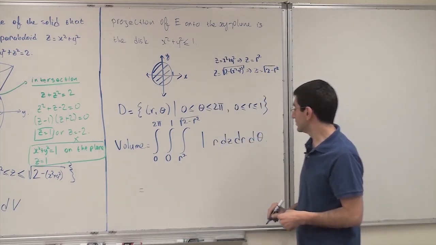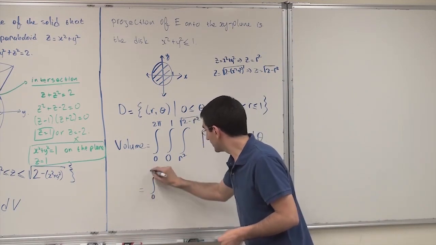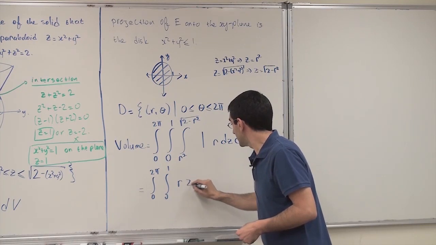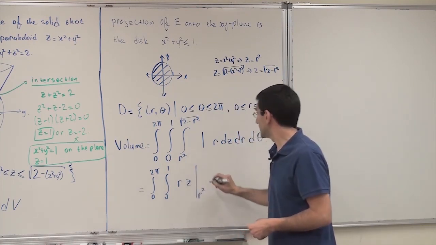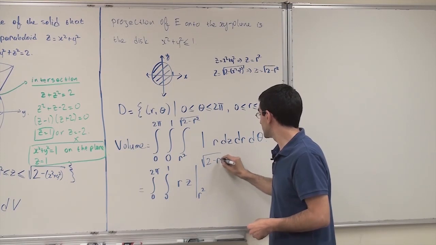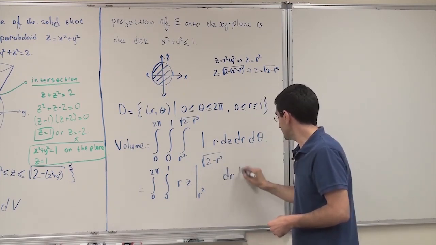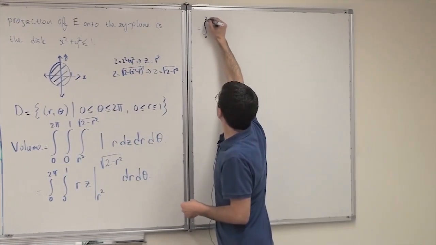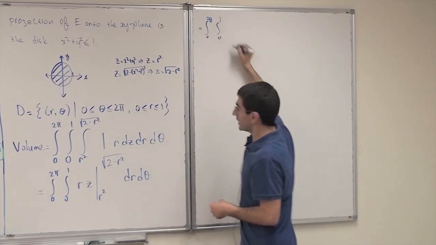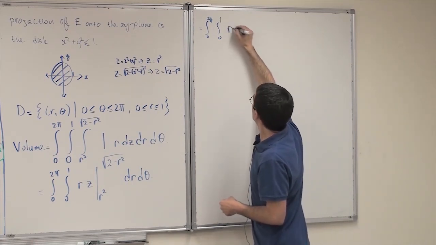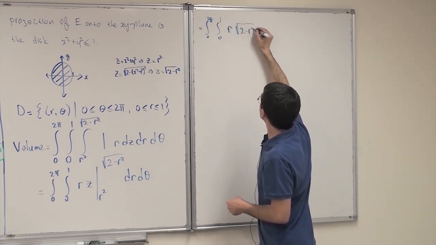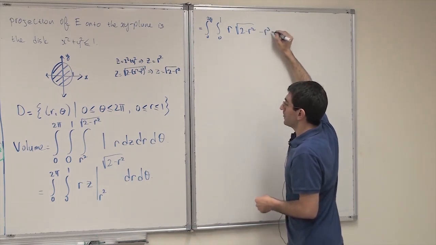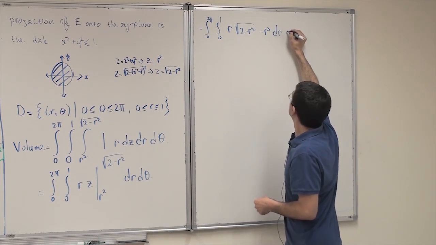First, with respect to z, and then we will substitute r squared and root of 2 minus r squared. We will have 0 to 2 pi, 0 to 1, r root of 2 minus r squared minus r cubed dr d theta.